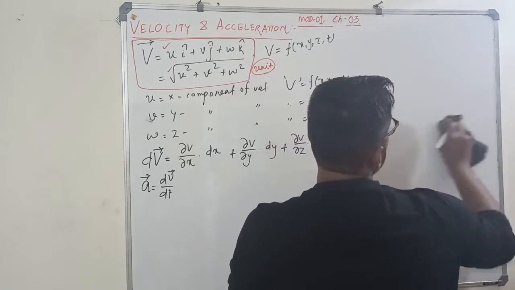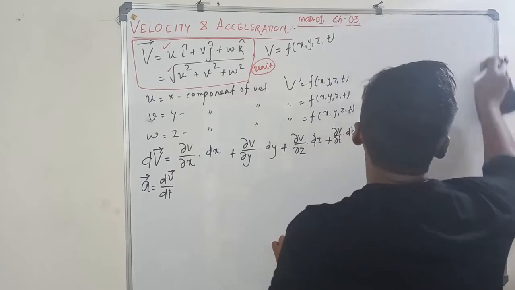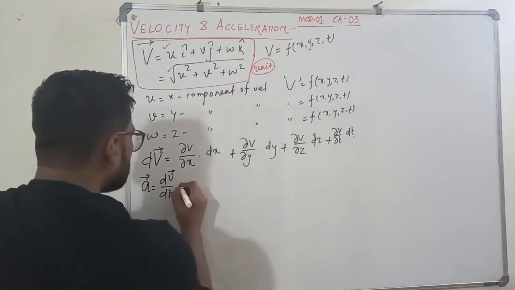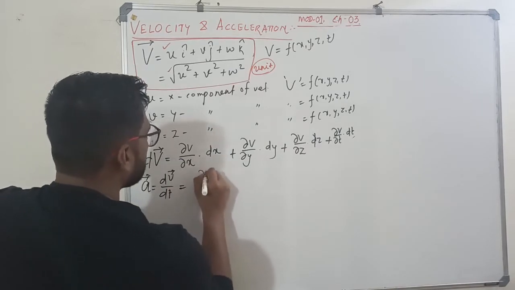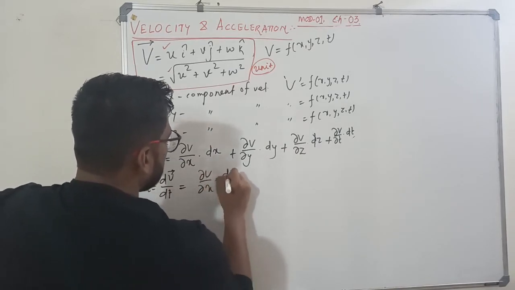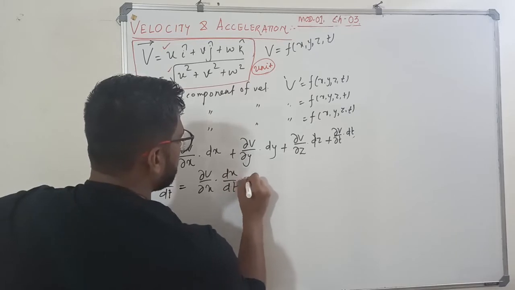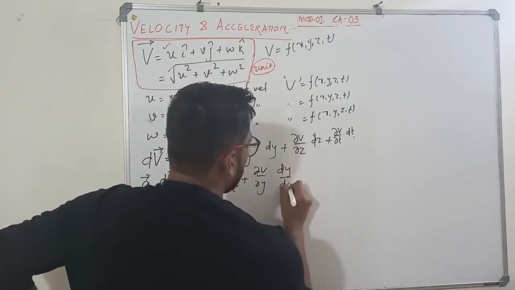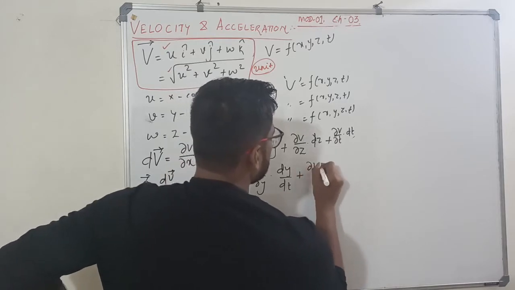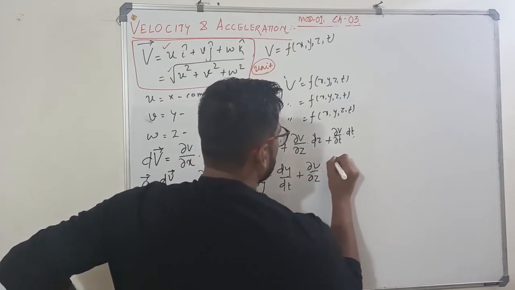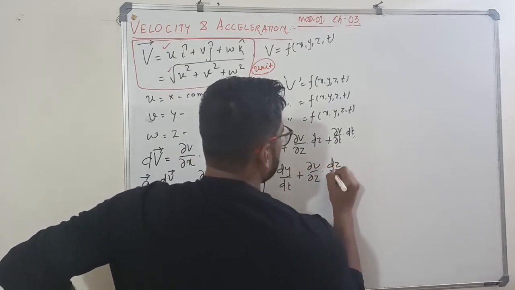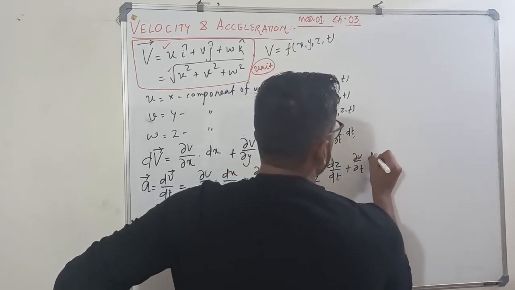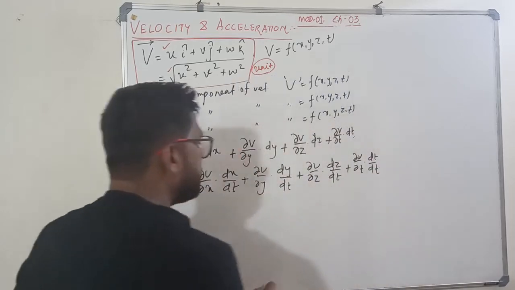X component of velocity u, y component of velocity v, z component of velocity w, all are small. So dv by dt is ∂v/∂x multiplied by dx by dt, plus ∂v/∂y multiplied by dy by dt, plus ∂v/∂z multiplied by dz by dt, plus ∂v/∂t multiplied by dt by dt.